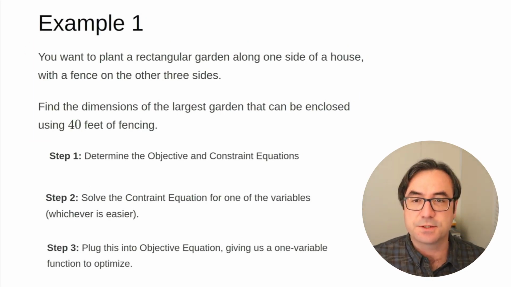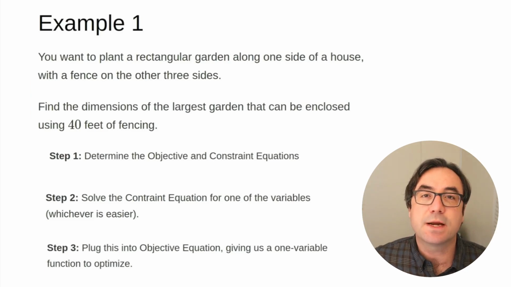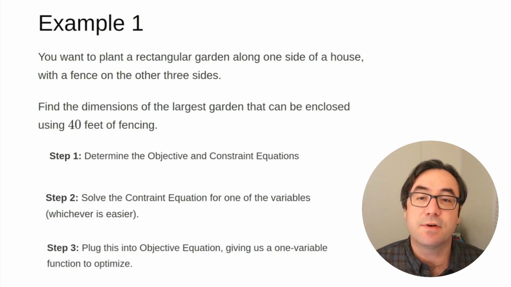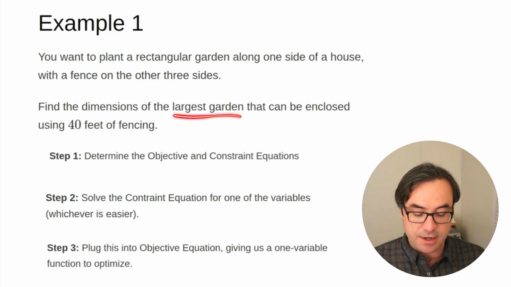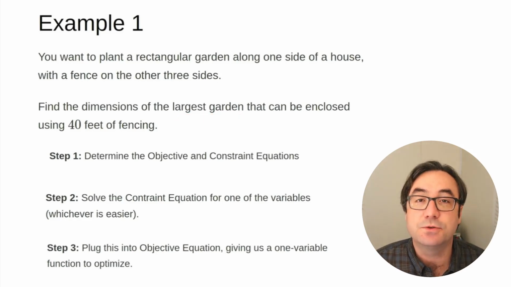Let's read through this. So we want to plant a rectangular garden along one side of a house, and we're going to fence in the other 3 sides. And what we want to do is find the dimensions of the largest garden that can be enclosed using 40 feet of fencing.